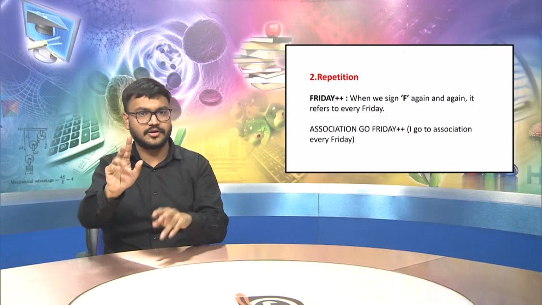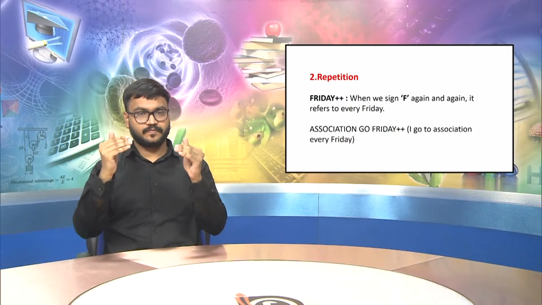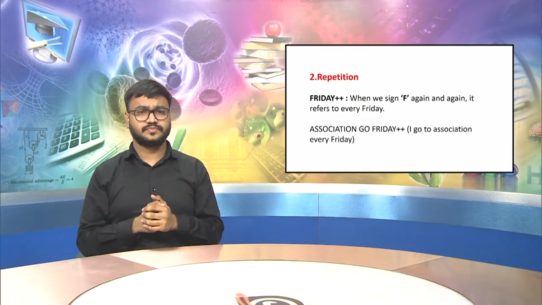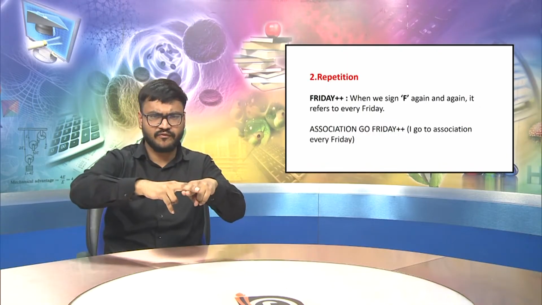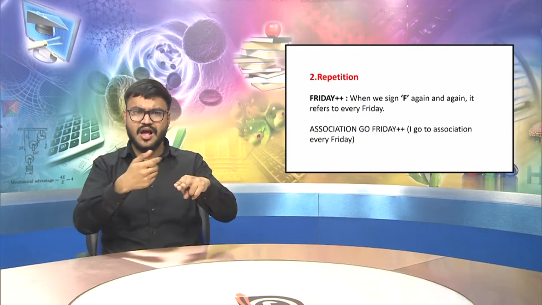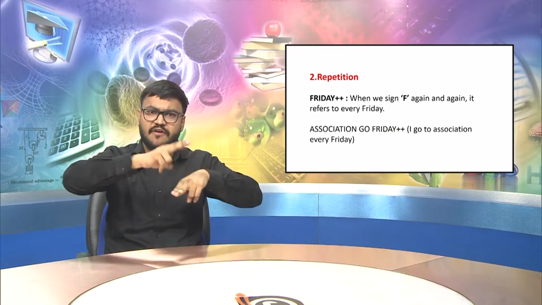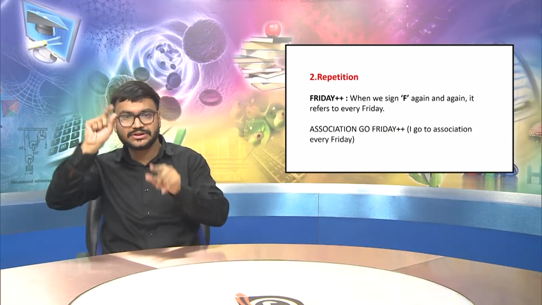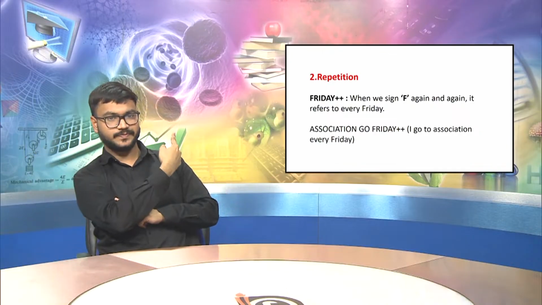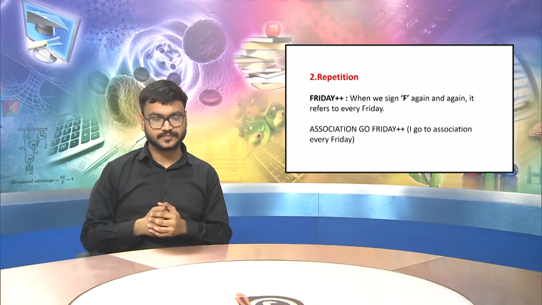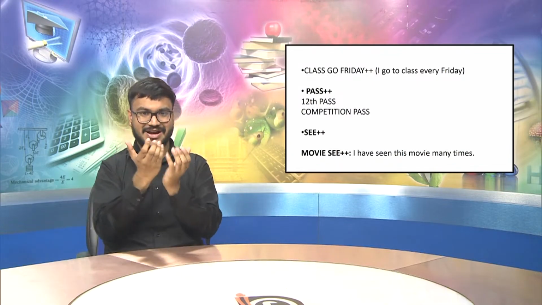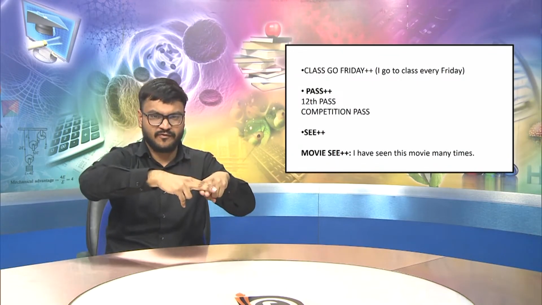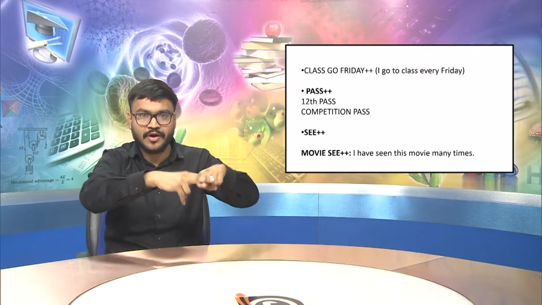For example, we can look at the sentence, I go to association every Friday. So here we use the sign of F again and again. Next, we can see I go to class every Friday.